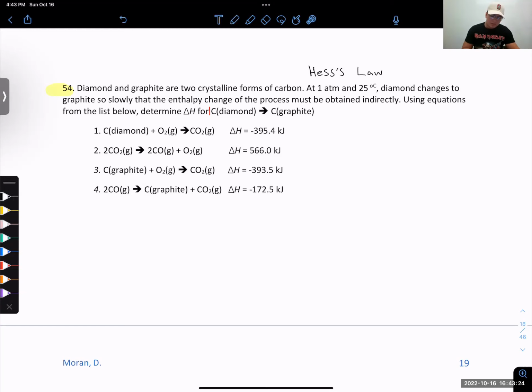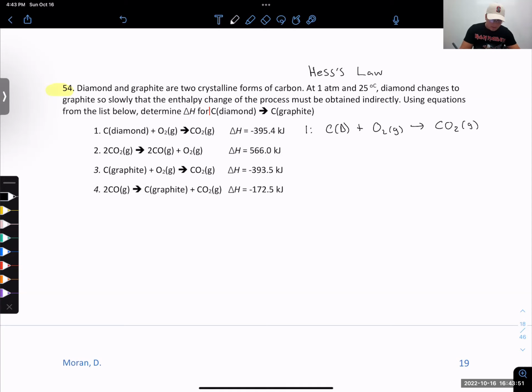And intermediates, I just mean like CO2, carbon monoxide, oxygen gas, okay? Because they're not going to be found in the overall equation. So we know that equation number 1 has to be written as is, right? So C, I'm going to abbreviate diamond with a D, plus O2 gas yields 1 mole of carbon dioxide gas.